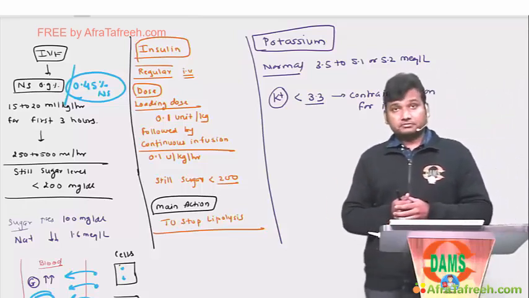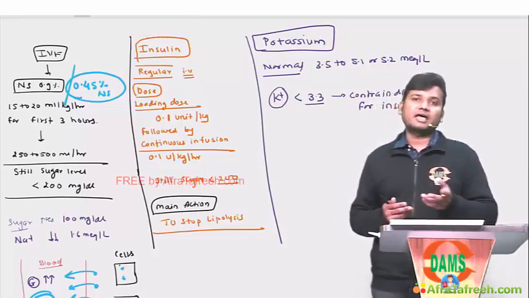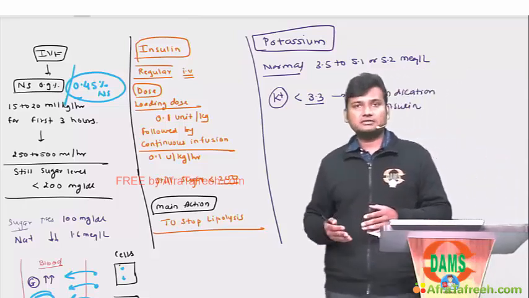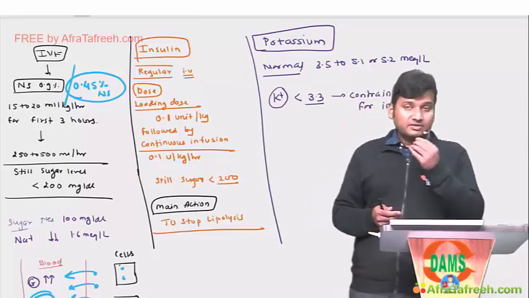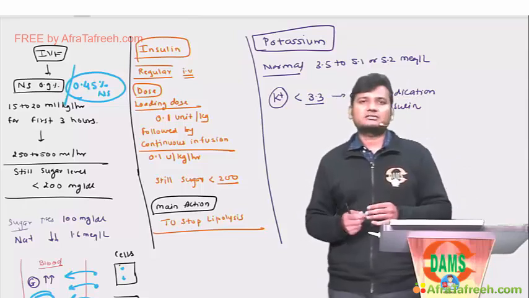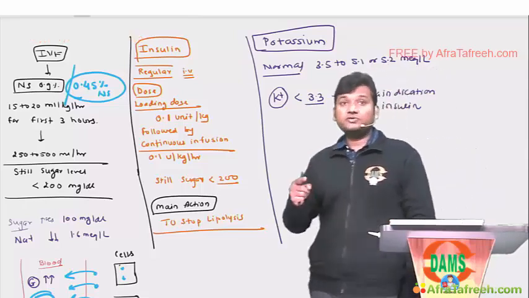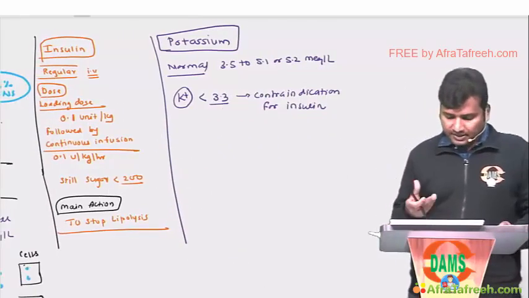But it is not always possible to check potassium. Sometimes our lab is not working or lab is not available, potassium reagent is not available. So we are not able to check the potassium level in serum. So in that case, or generally in practice, our first step is we do ECG. In ECG we will see T waves.